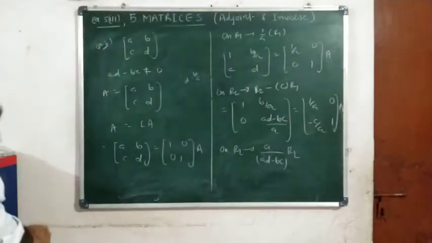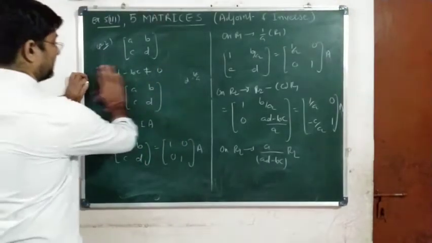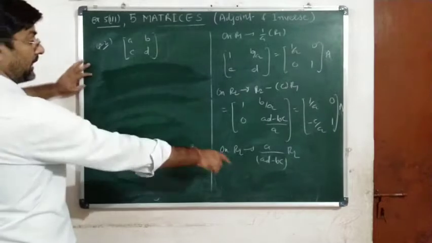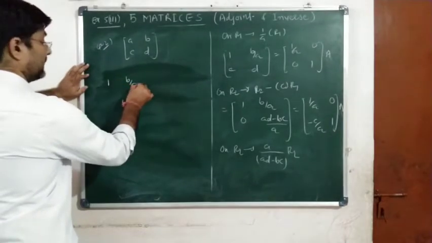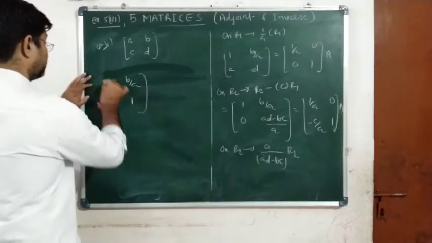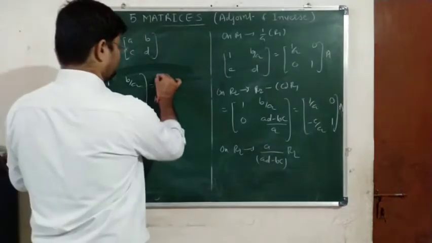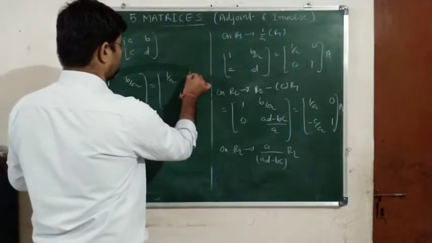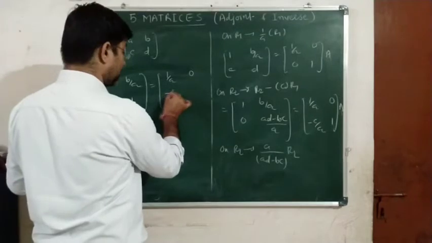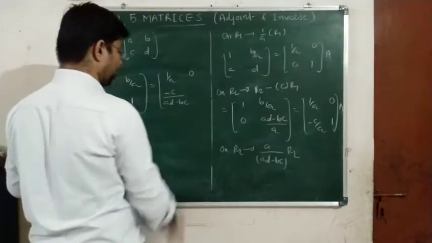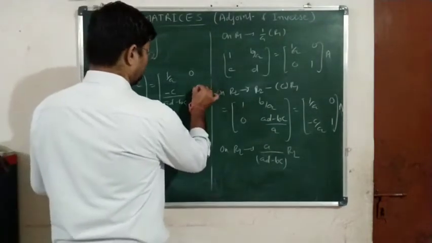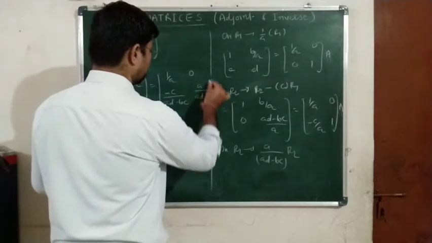Okay, so R1 will be as it is only. Yes or no? R2, 0 will be 0 only, and here you will get 1. Equal to [1 upon A, 0]. Okay, A will get cancelled, so minus C upon AD minus BC, or C upon BC minus AD we can write. Clear? And here A upon AD minus BC.